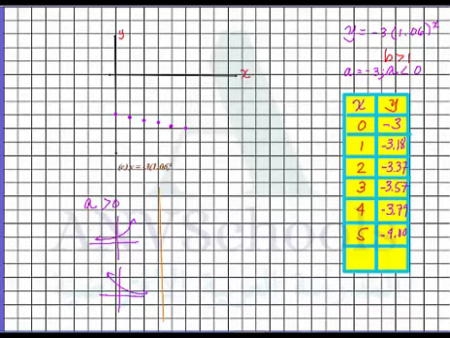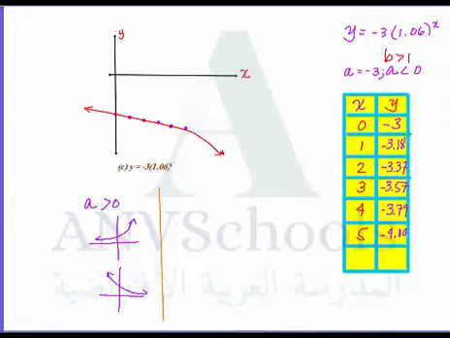Now let us connect all of the points, drawing a graph. So we could see that this is like a curve downwards. Let's take off these grid lines.